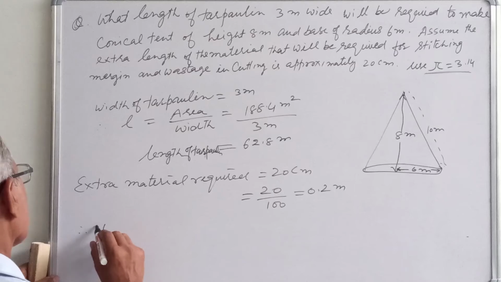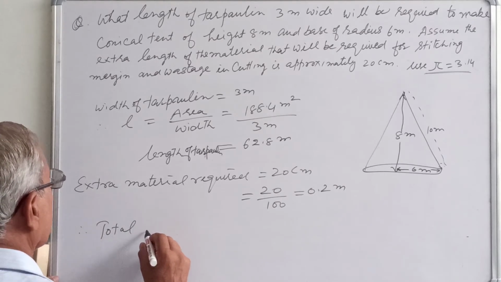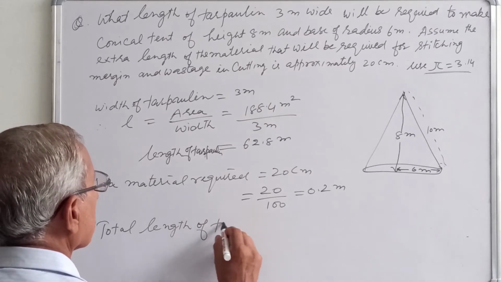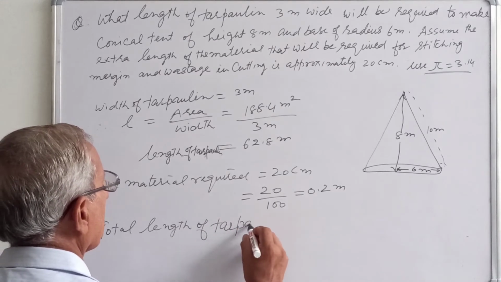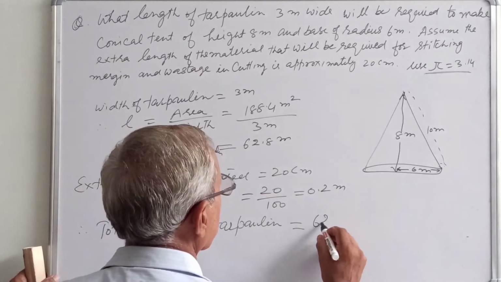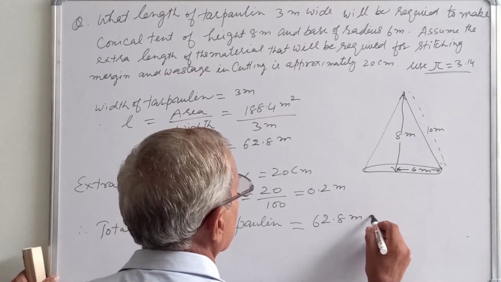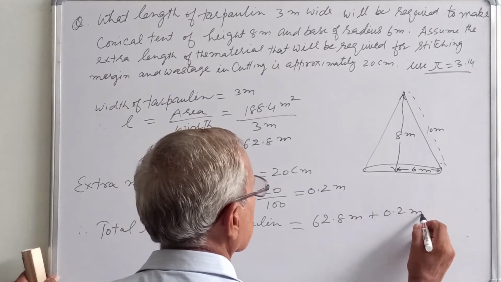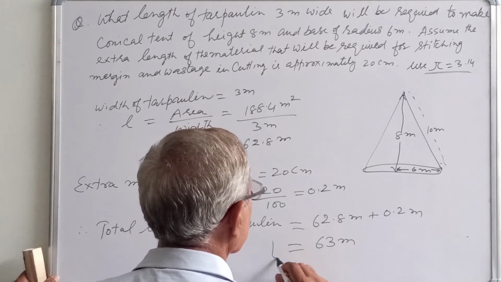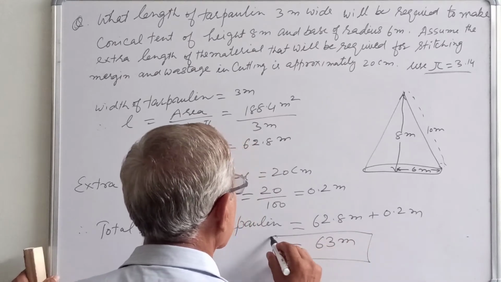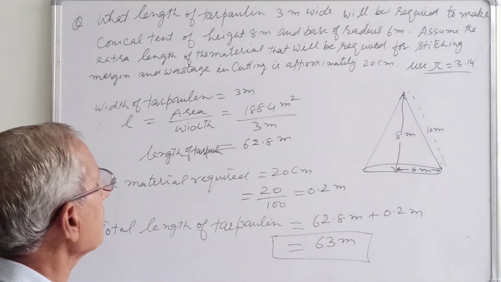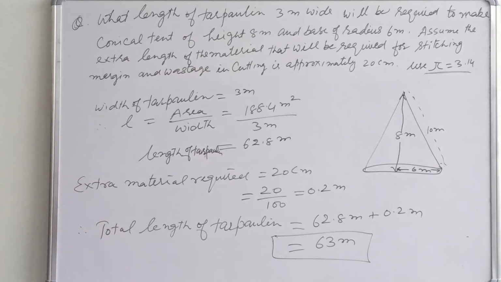Therefore, the total length of tarpaulin will be 62.8 meter plus 0.2 meter, so that will be 63 meters. So this is the answer for the question. So 63 meter tarpaulin will be required to make a conical tent.